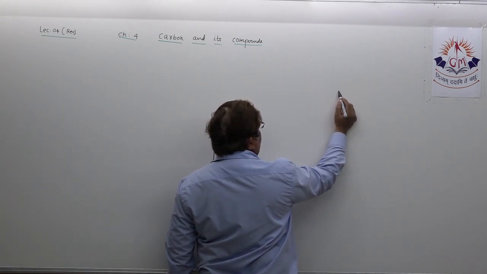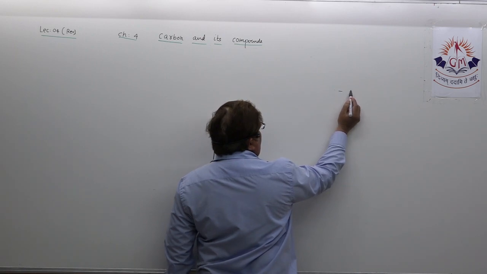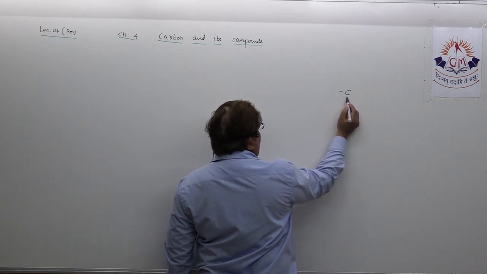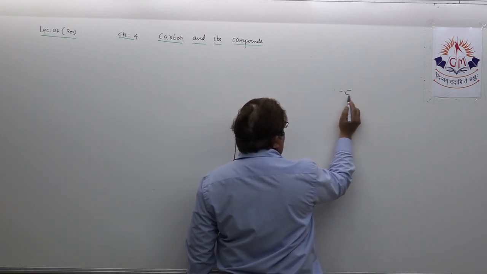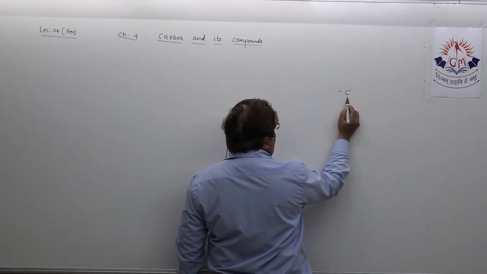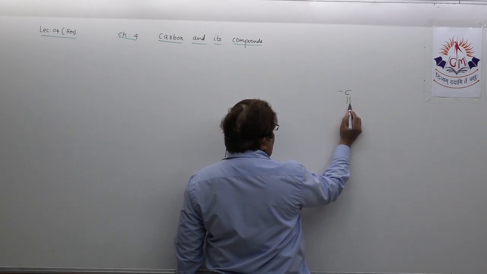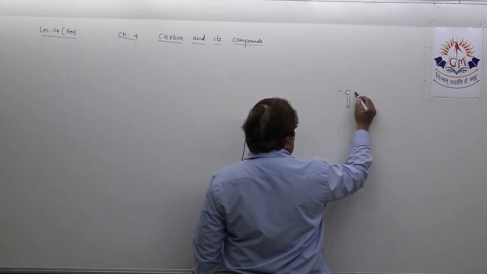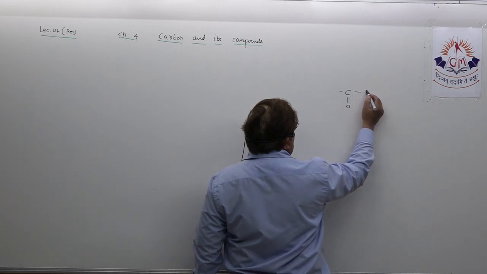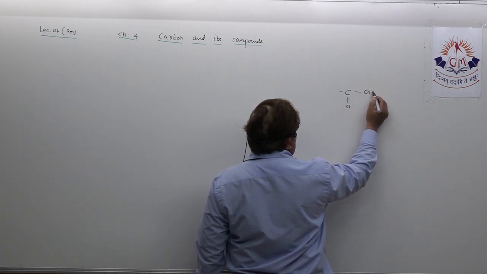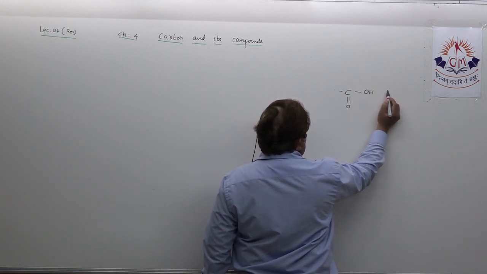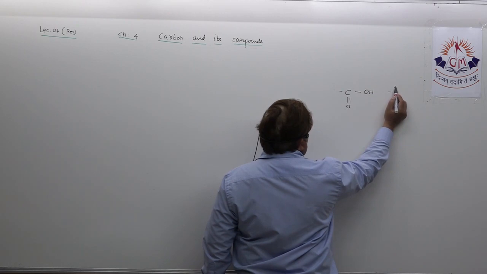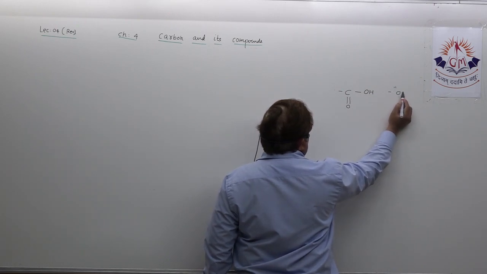Suppose you all know very well, and please draw it with me also, because again and again these rules are the basics. C double bond O, then OH, right? For this the suffix is oic.